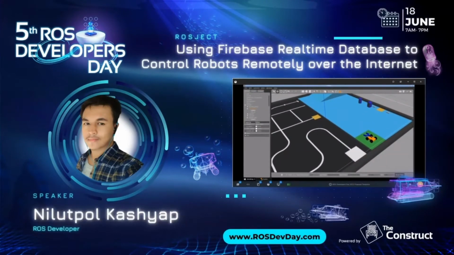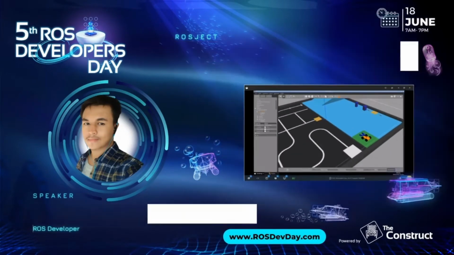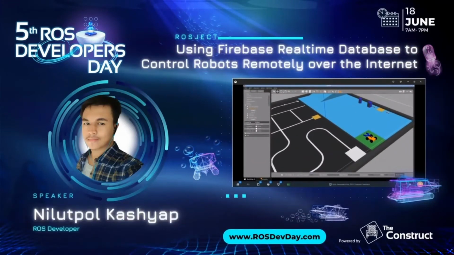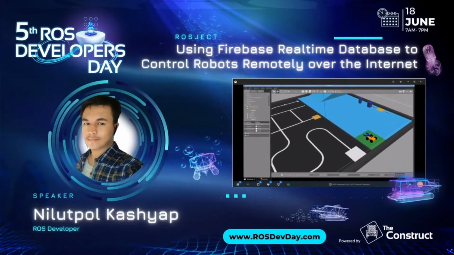So it's another method of controlling robots remotely using the internet, which is different from the typical ones that we know about using VPNs, or the one that Dominique presented some minutes ago. Nilutpol, are you ready?